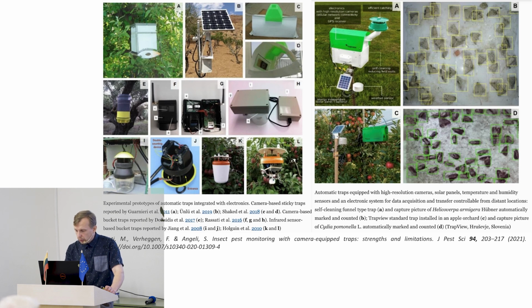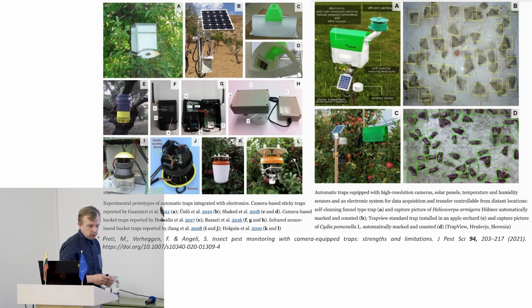Software is composed of an online repository in which the captured pictures are stored. In some cases, optional image analysis algorithms were also used to automatically identify species and count the captures.